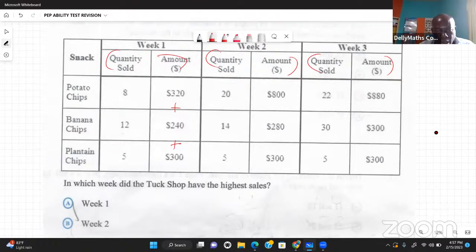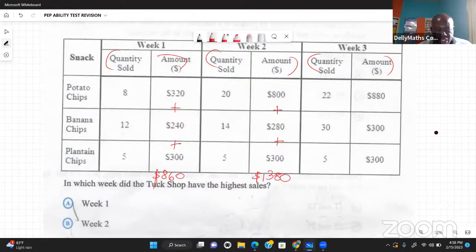Come on, people, add this up. This is going to give us 860 for the total in week 1. For week 2, I'm going to be adding 800 plus 280 plus 300. And I'm getting here 1,380.